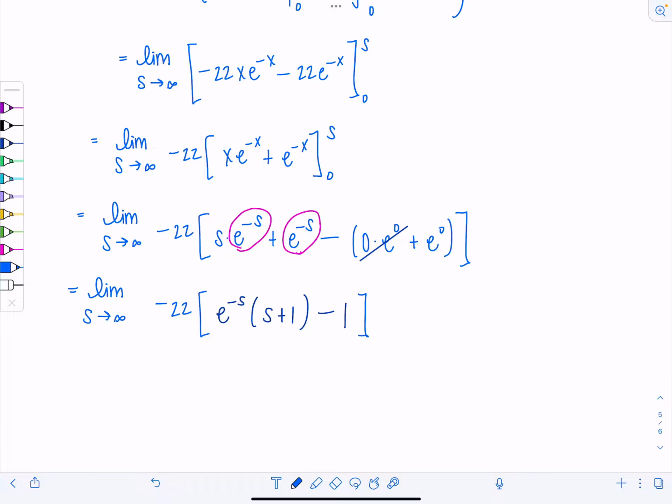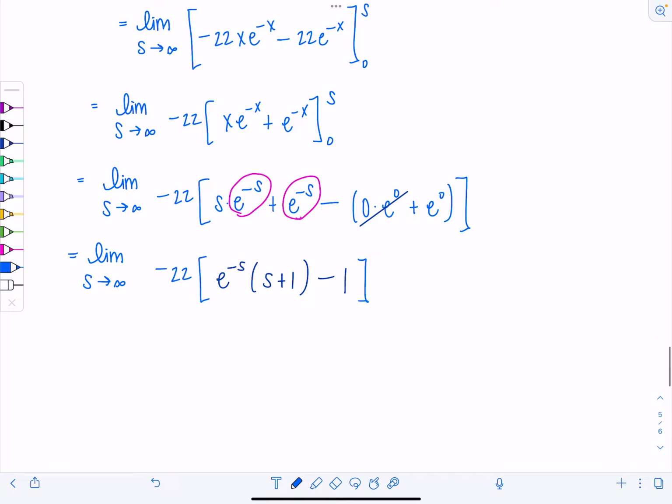Now, s is approaching infinity. So let's see what's going on. This is the limit as s approaches infinity of negative 22 times s plus 1 over e to the s, minus 1.